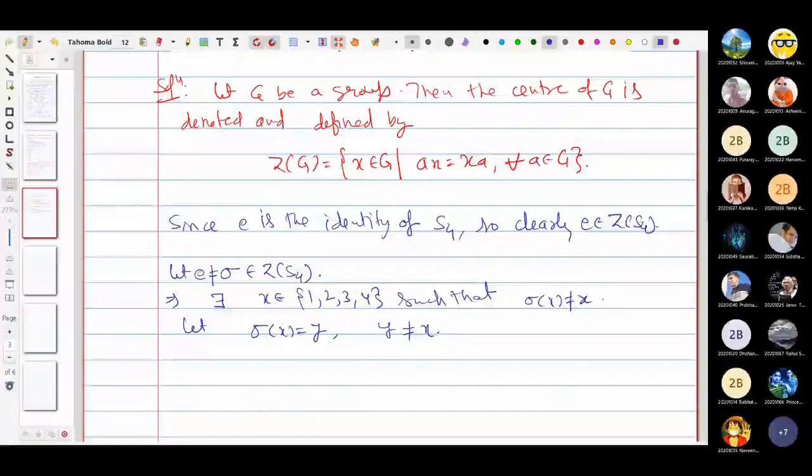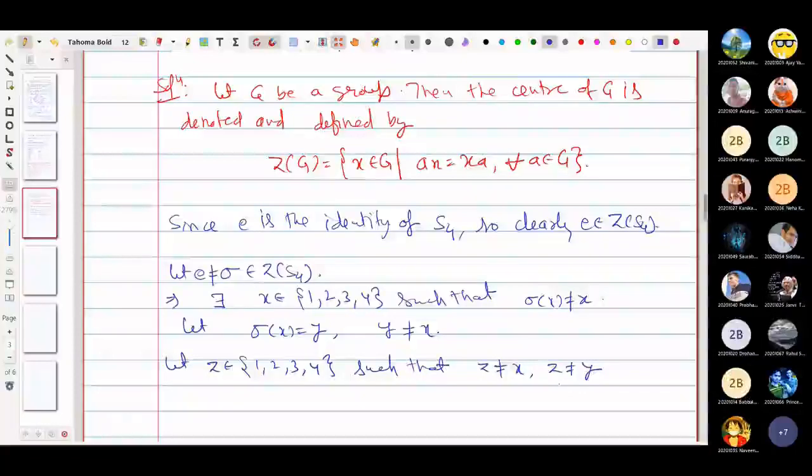And let us consider another element from this set 1, 2, 3, and 4, such that z is not equal to x, and z is also not equal to y.